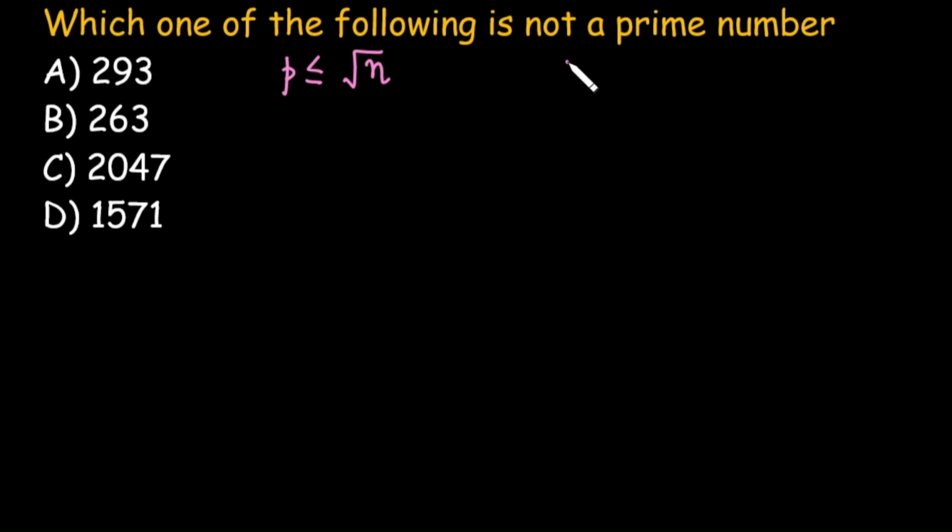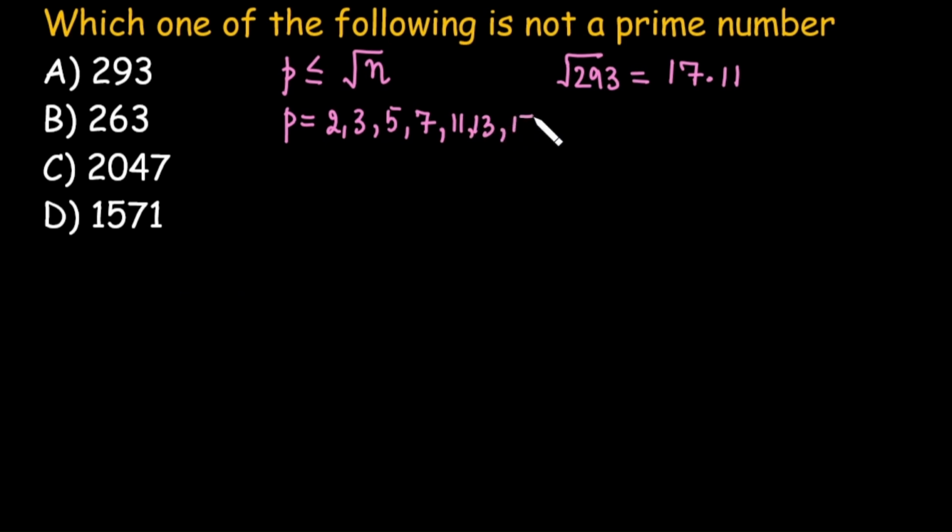Like in the first case, root of 293. This is equal to 17.11. So what are the primes that are less than or equal to 17.11? In this case we have 2, 3, 5, 7, 11, 13, 17.